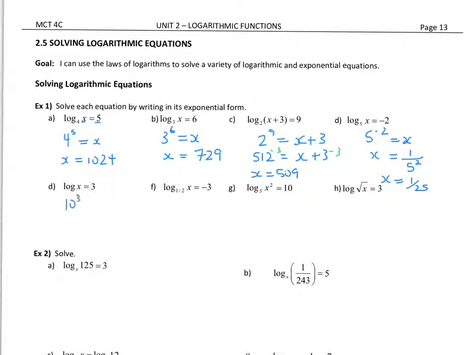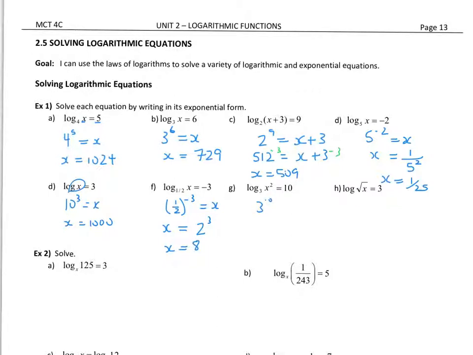So 10 to the exponent of 3 is equal to x. X will equal 1,000. Okay, so don't forget that that has a base of 10. Our base this time is 1/2, so I'm going to put that in brackets to the exponent negative 3. That would equal x. If I apply the negative exponent rule, that's going to become 2 to the positive 3, which is an 8.